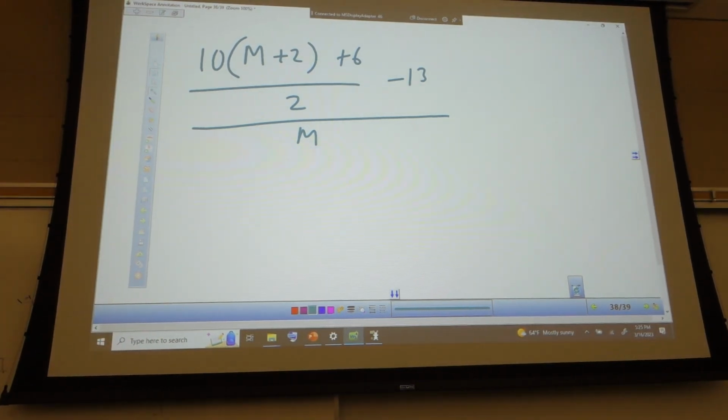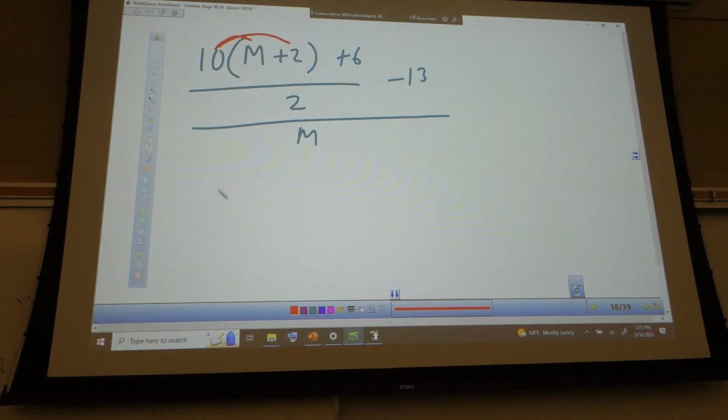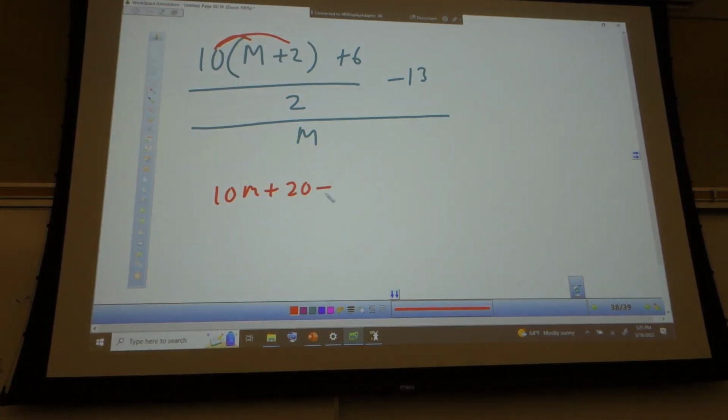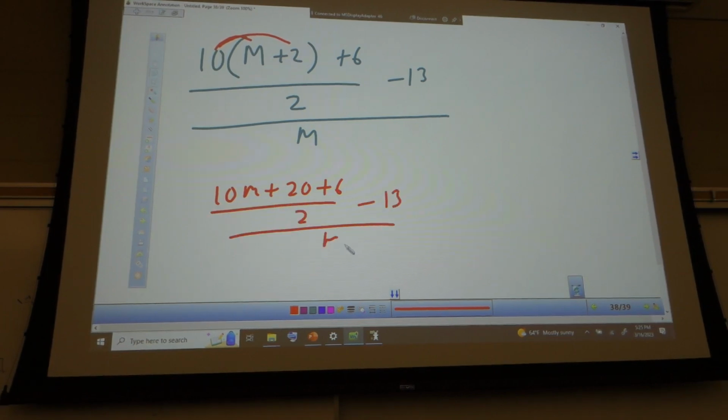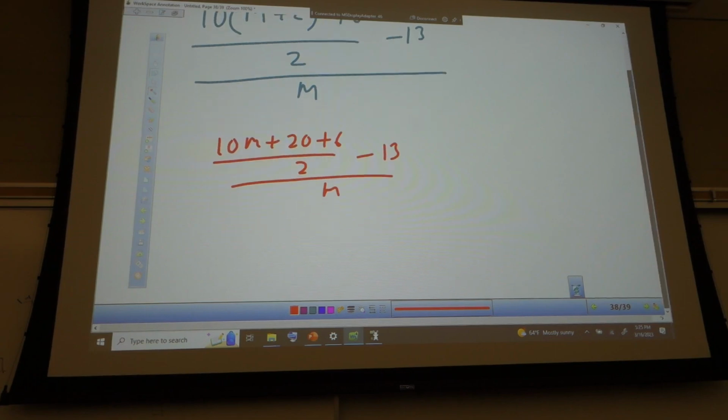But if I simplify what I had you all do, first I'm going to distribute the 10. So I'll end up with 10m plus 10 times 2 is 20, plus 6, over 2, minus 13, all over m. And then I simplify that further. I combine the 20 and the 6.